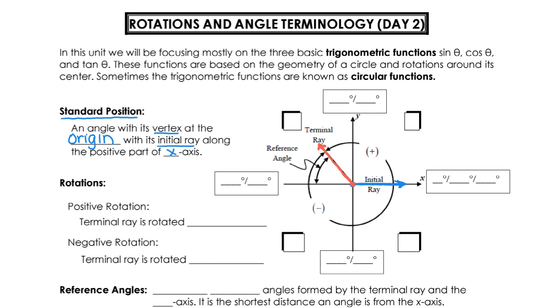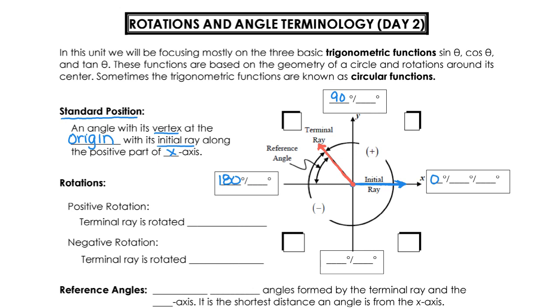So here we go. On our graph, if that red terminal ray is all the way closed, that angle measures 0 degrees. If that terminal ray is pointing straight up, then the angle measures 90 degrees. If that terminal ray is open so it is on the negative part of the x-axis, then you are at 180 degrees.